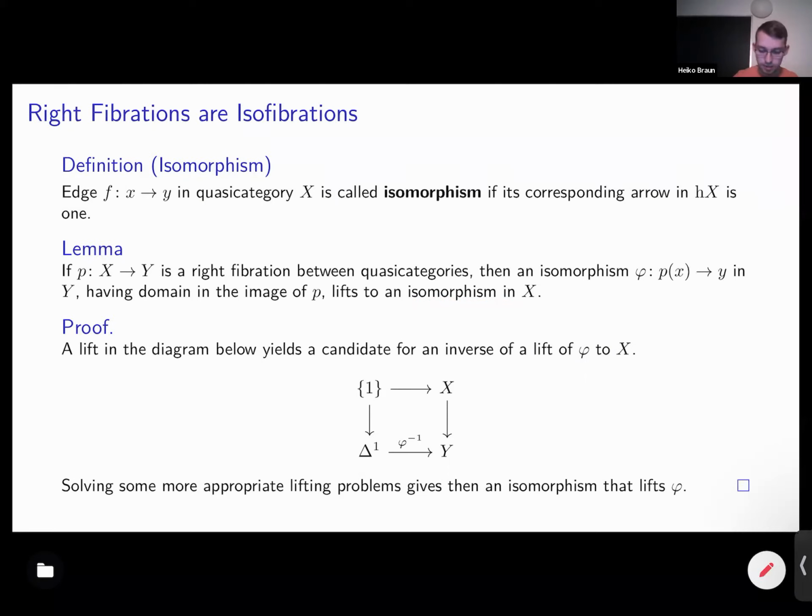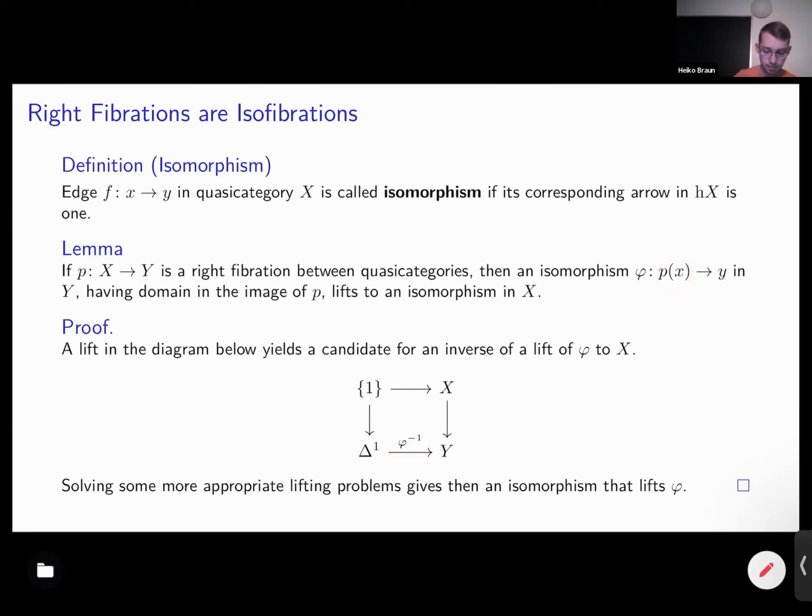How does it work? So we know that we can lift all the right horns. In particular, this here is actually a right horn. It's the Λ^n_n horn, the last edge of the interval, the last vertex of the interval. And then we can look at phi inverse, which we assume exists in X because it was an isomorphism. And the diagram altogether commutes because now the inverse ends in P of X of this phi inverse.